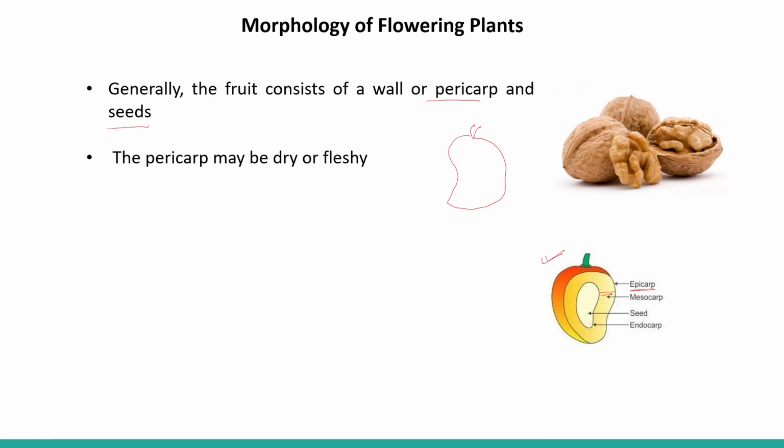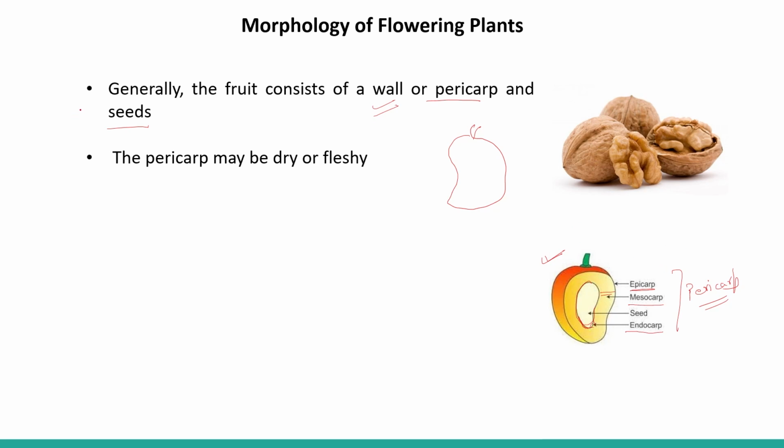The inner fleshy part is the mesocarp, and the innermost, near the seed, is the endocarp. The epicarp, mesocarp and endocarp together are called the pericarp. This is the wall of the fruit, and the inner part is the seed.